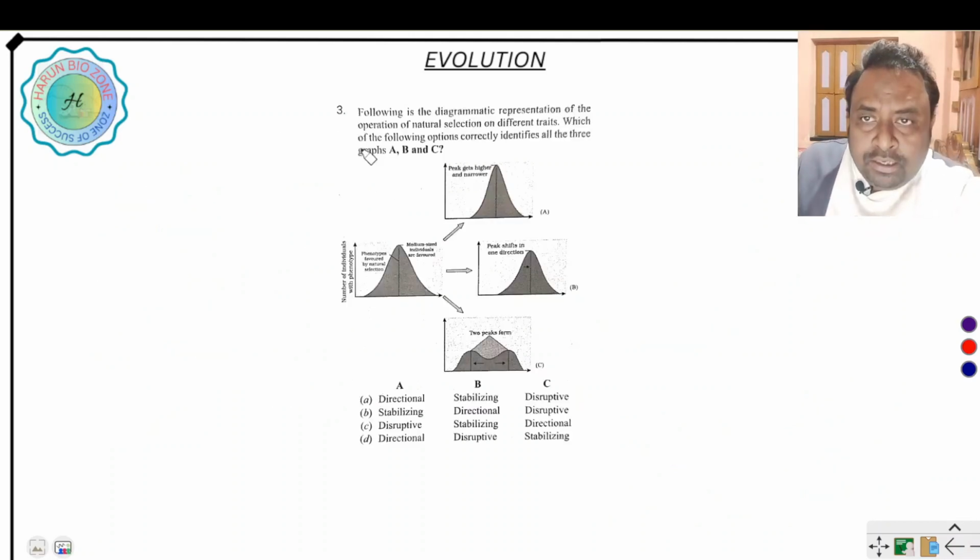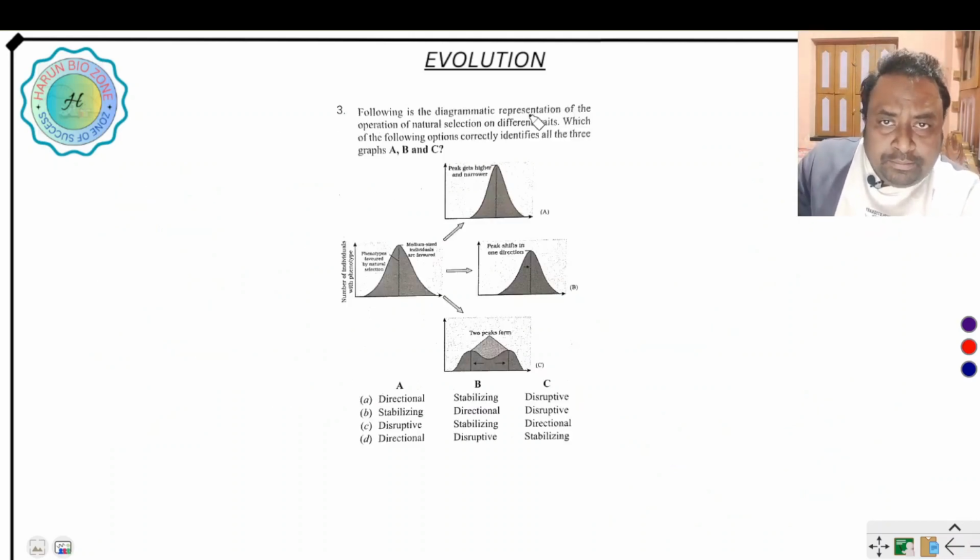Next question. The following is the diagrammatic representation of the operation of natural selection on different traits. Which of the following options correctly identifies all three A, B and C? This diagram shows types of natural selection.